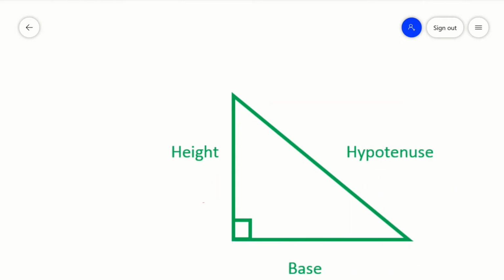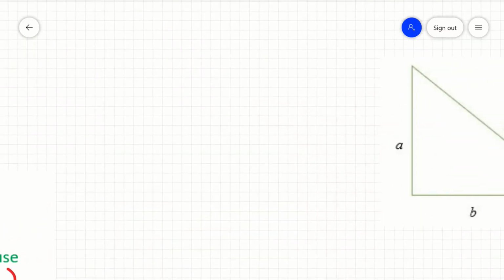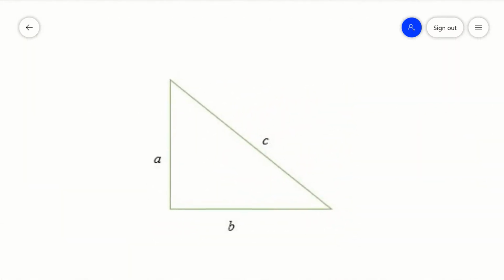You have to always imagine that this is A, this is B, and this is C. These are just the variables. You have to remember like this.